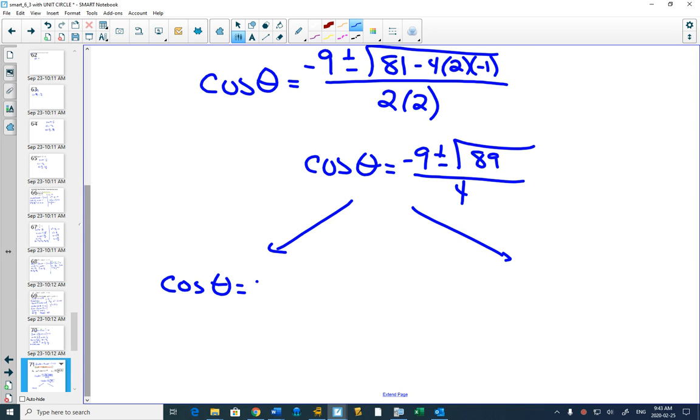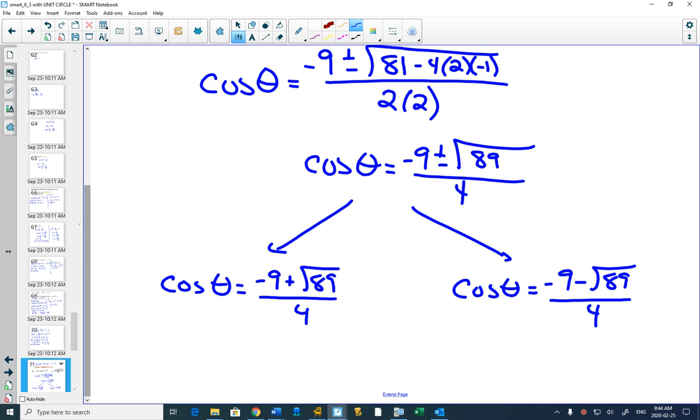We've got cos theta is negative 9 plus the square root of 89 over 4, and cos theta is negative 9 minus the square root of 89 over 4. So we'll solve each of these separately.